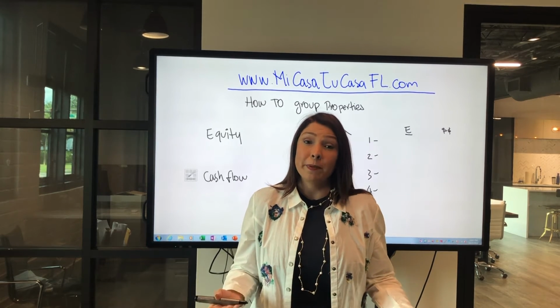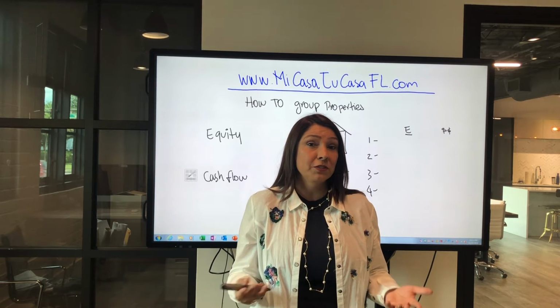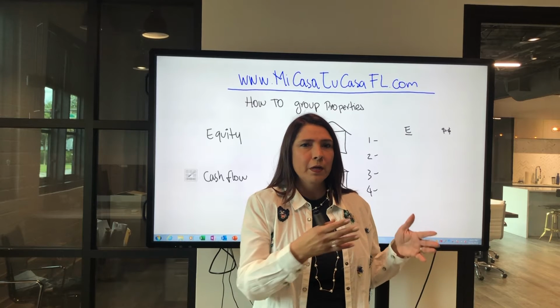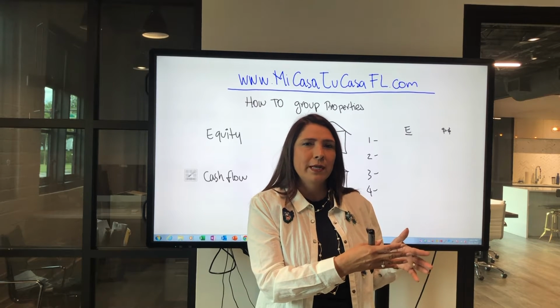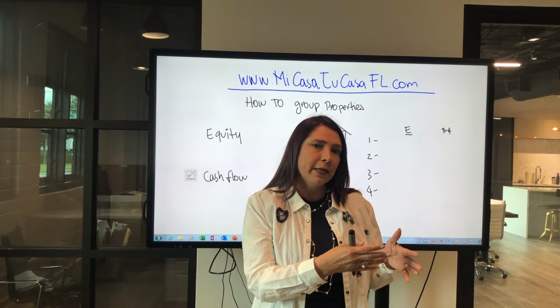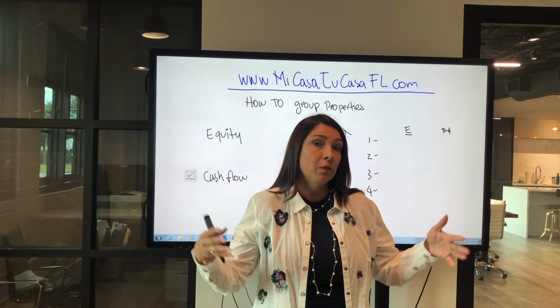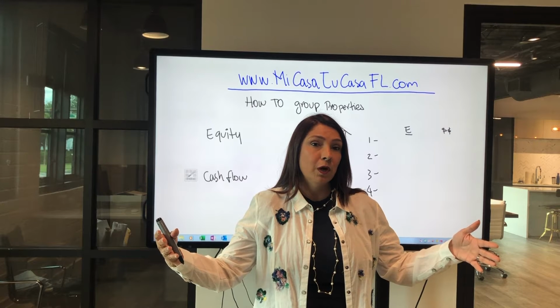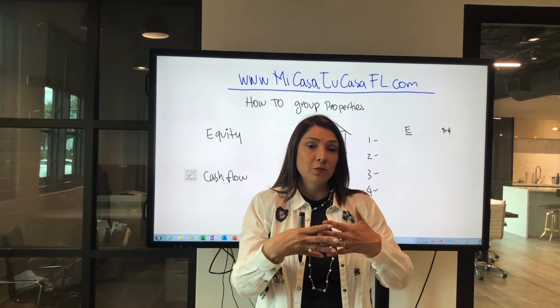Now, it also depends on how many properties you have, because if you just have one or two, you will probably be able to group them in just one LLC, which will be easier. But again, when you start to accumulate more and more and your portfolio grows, you will probably be looking at the best way to mix them.